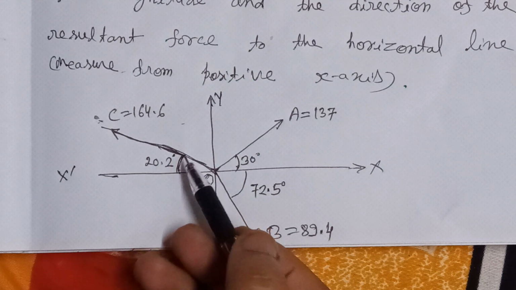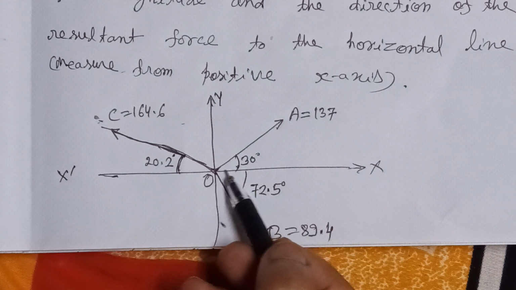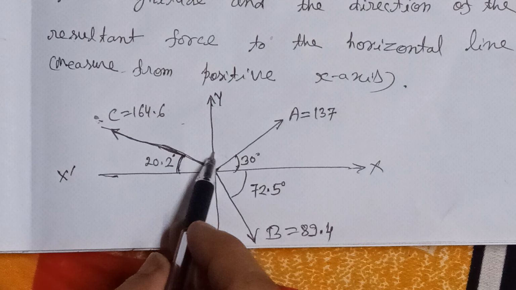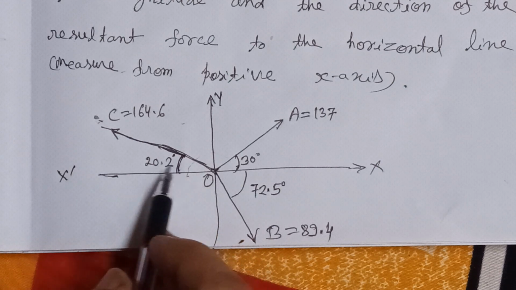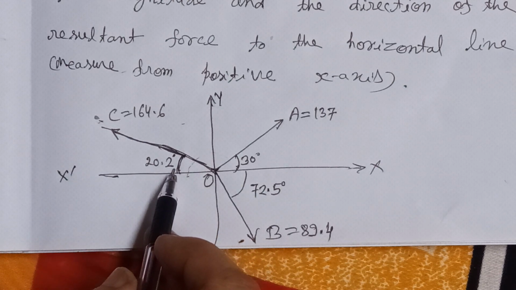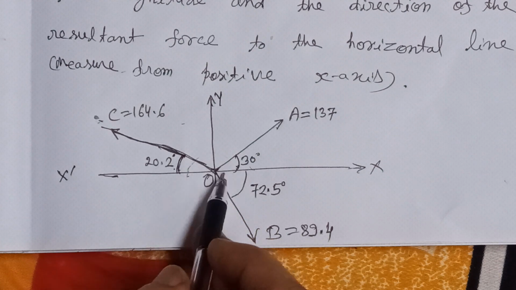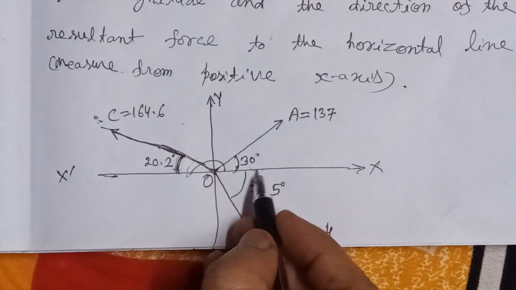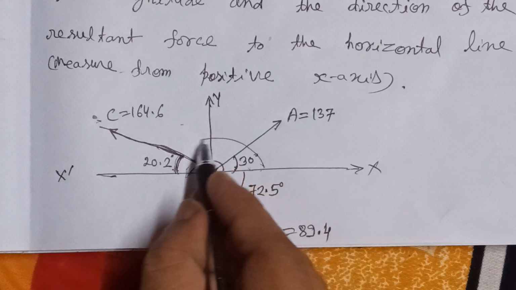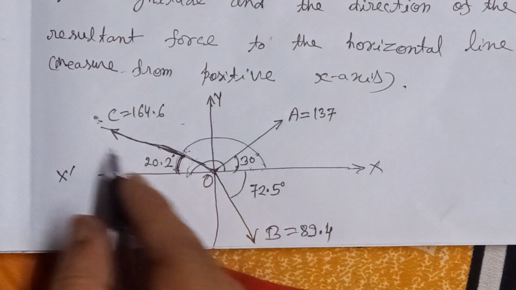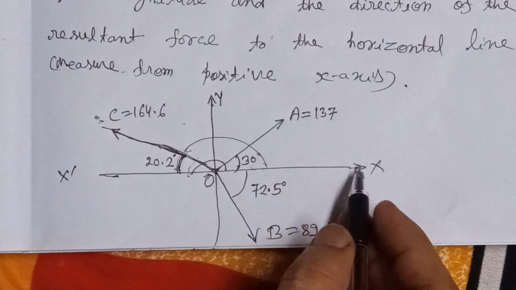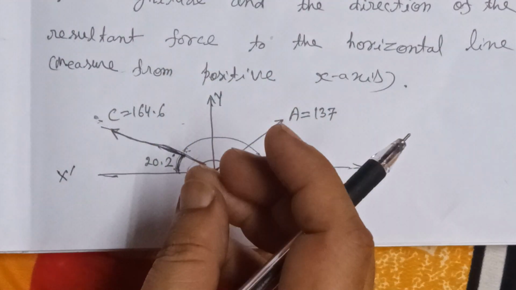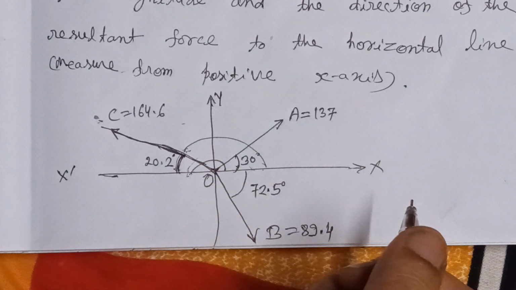You can find it with the positive x-axis by subtracting 20.2 degrees from 180 degrees. The whole angle is 180 minus this, and we get the angle with the positive direction of x. We have to find the magnitude and direction of the resultant force.